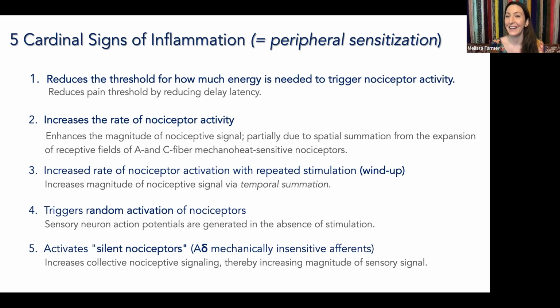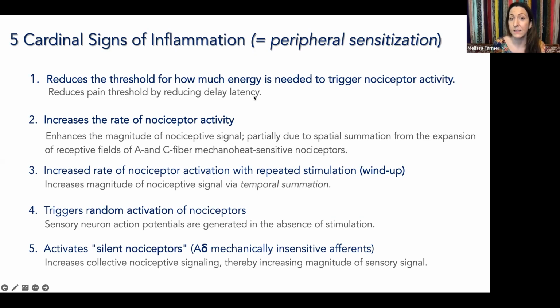Then Tony, you will appreciate that very few pain scientists know all of this, and doctors definitely don't know all of this stuff, but this is gleaned from all of the literature looking at all the different ways that inflammation can change how a neuron sends information. What it does: first, it reduces the threshold for how much energy is needed to trigger a nociceptor.